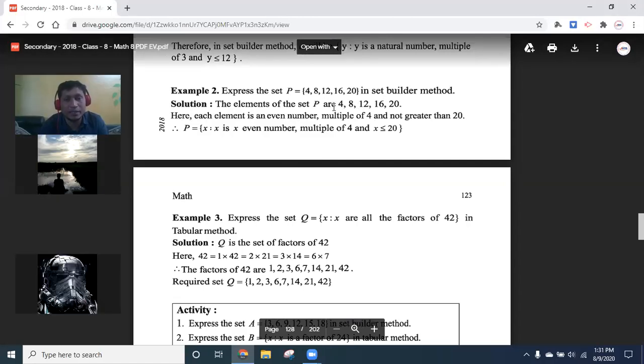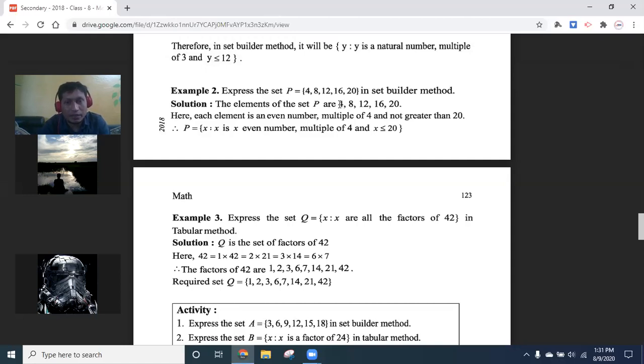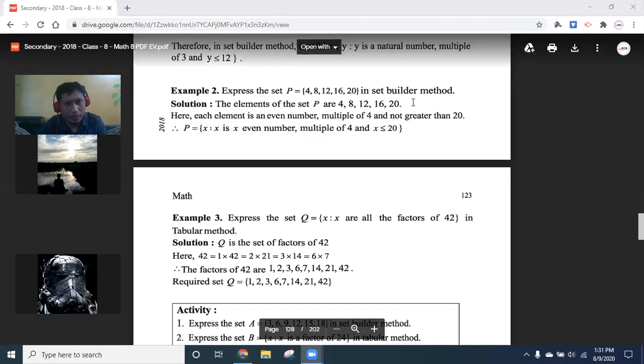What is the nature of these elements? 4, 8, 12, 16, 20. You see, all of the elements shown here are multiples of 4. I think you will agree with me. So we have got a character: multiple of 4.